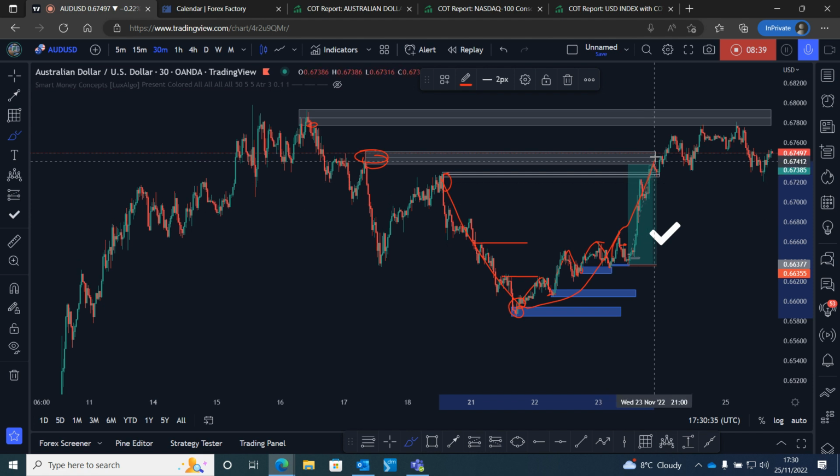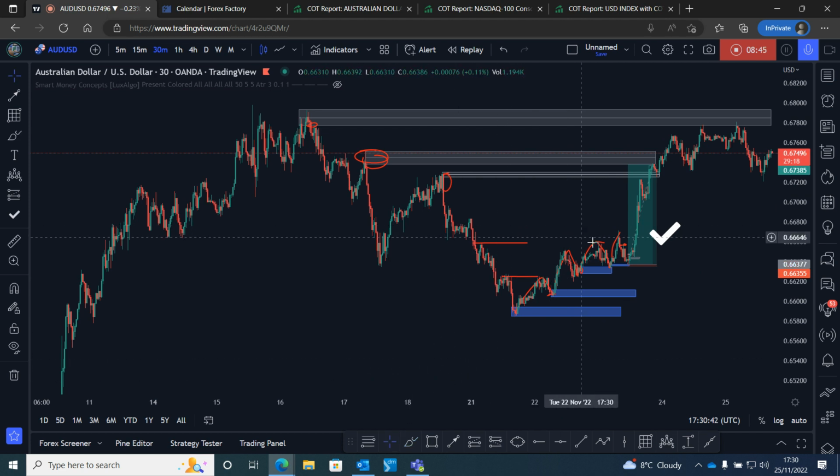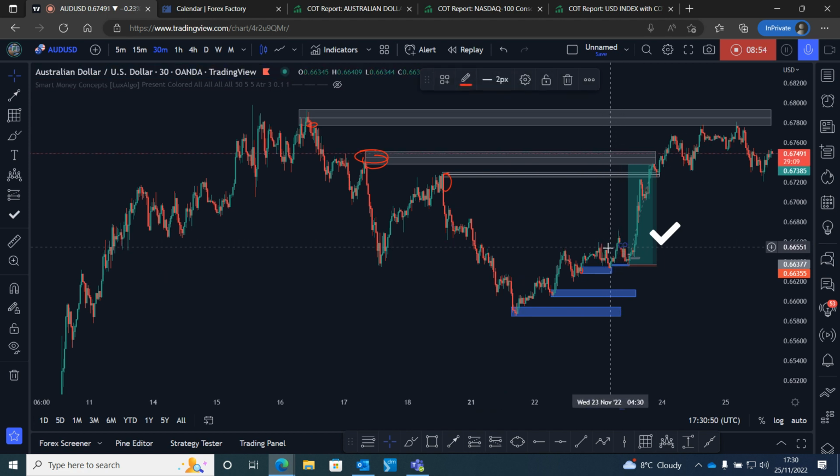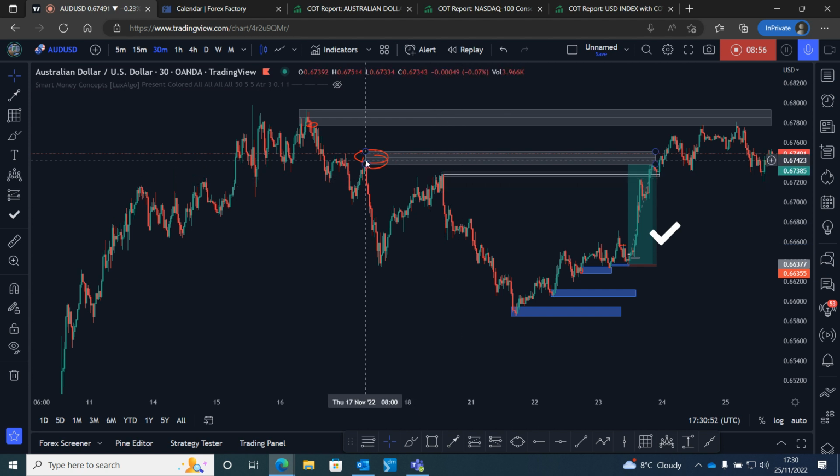This tells me that the market is oversold now. Price needs to find a premium area again for it to sell back down. That's how the market works. It's literally institutions finding the premium price at the top where they can sell higher and buy low. That's literally how the market works.